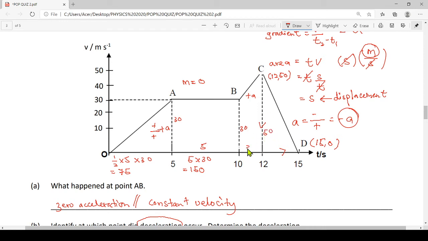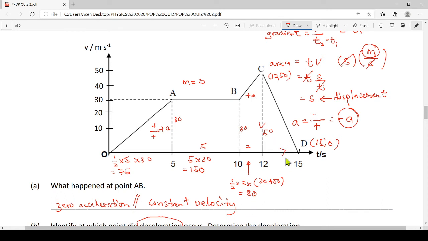Here is 2. Okay, so the area of a trapezium is 1 over 2 multiplied by 2 multiplied by the summation of two parallel lines. So it's 30 plus 50. So that shall give the answer 80.